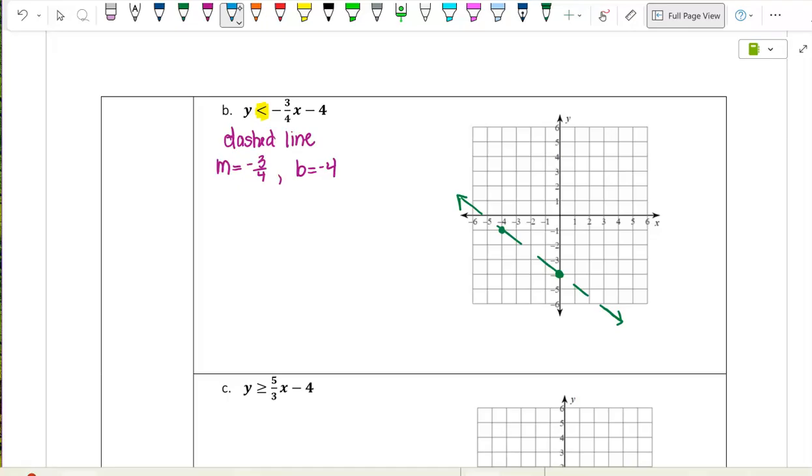And again, I need to pick 2 points. 0, 0 is available, so I do pick that. Now, when I go to pick my other point, I do have a fraction there that I have to work with. So I want to use a number that works with the denominator of 4 to make the math easier. So I'm going to go to -4, -2.